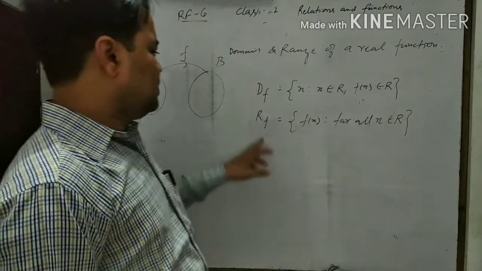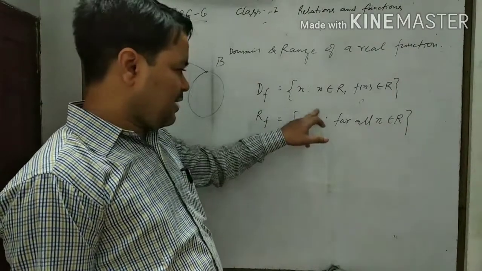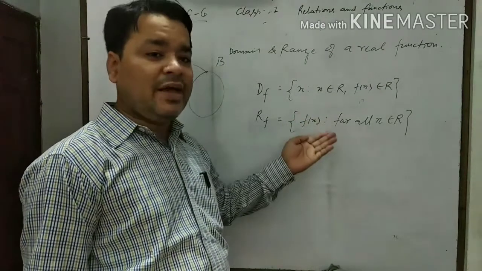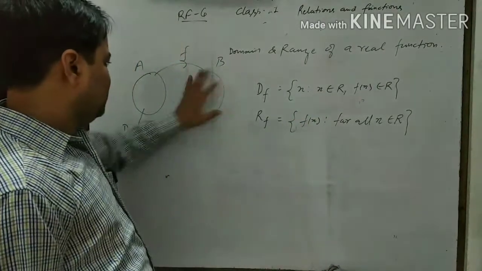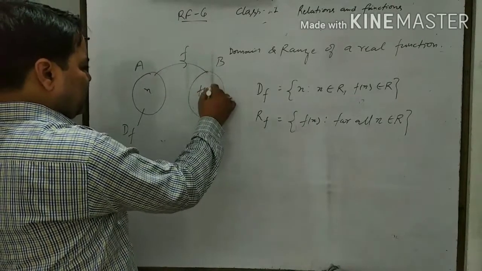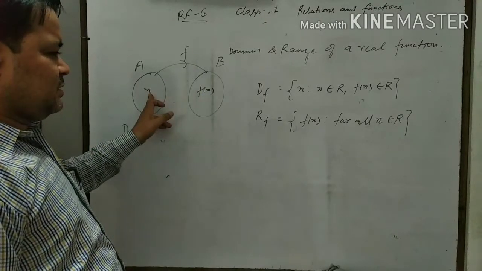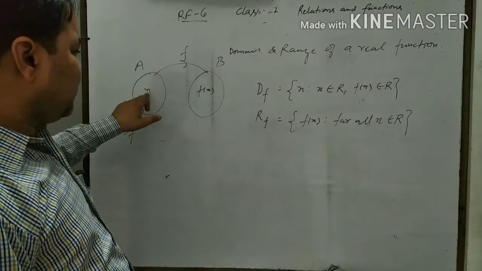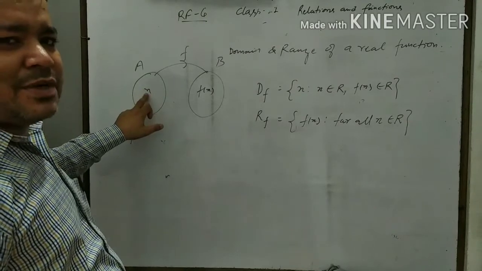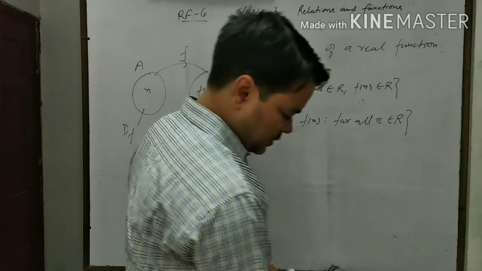Okay, means the range of the function will be the image of x. What is f(x)? Image of x. This is x, then this will be f(x). What is f(x)? Image of x, such that for all x belongs to real numbers. Getting? So this is the range of the function.